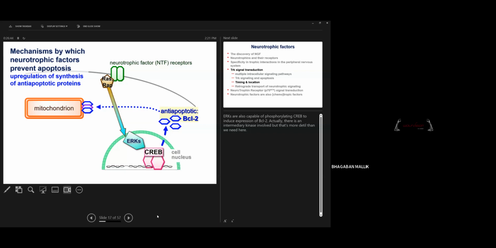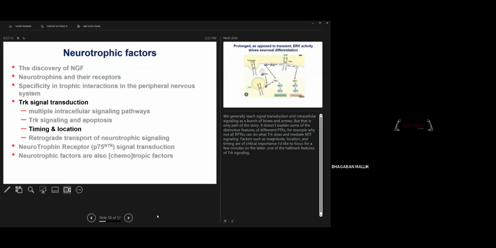After activation, ERK can translocate to the nucleus and further activate the CREB transcription factor. And CREB transcription factor binds to the DNA and transcribes the BCL2 mRNA. Then the BCL2 mRNA gets translated to form BCL2 protein, which is anti-apoptotic, and it can be recruited to the membrane. It can stop the release of cytochrome C from the intermembrane space. So that's how you have survival. You have inhibition of apoptosis. Okay, so showing how TRK tyrosine receptor kinase signaling basically regulates apoptosis.